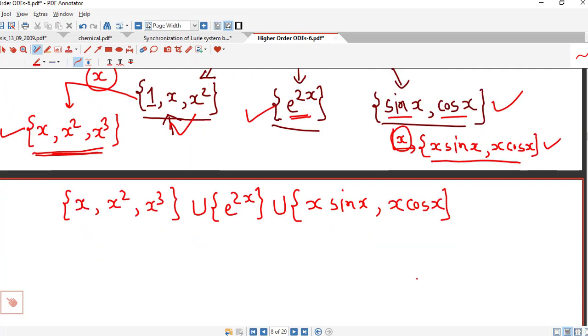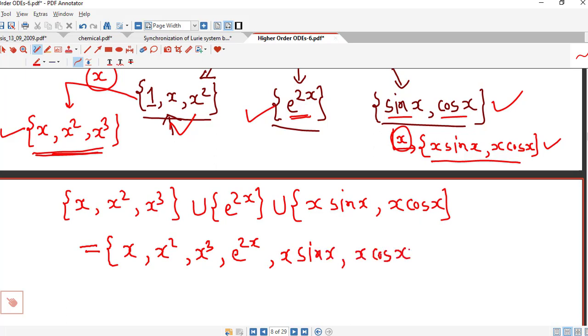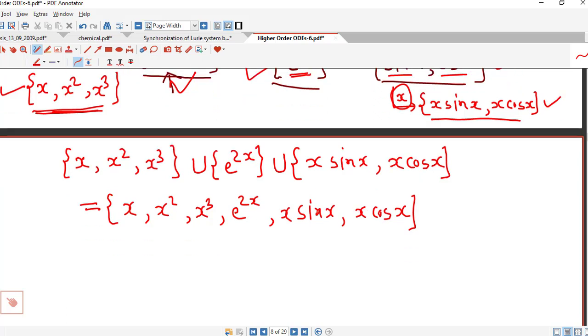So the union of these three sets is nothing but x square, x cube, e raised to 2x, x sin x, x cos x. Union means the members which are present in either one set or two sets or three sets or in all these three sets. So we are writing all the members in one set. So this is the union of these three families of derivatives.